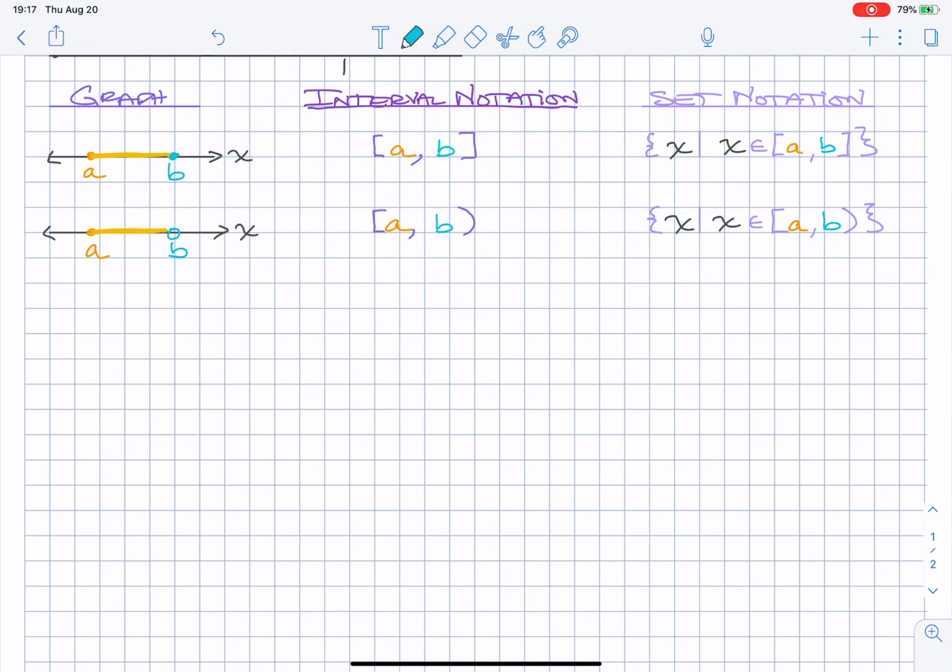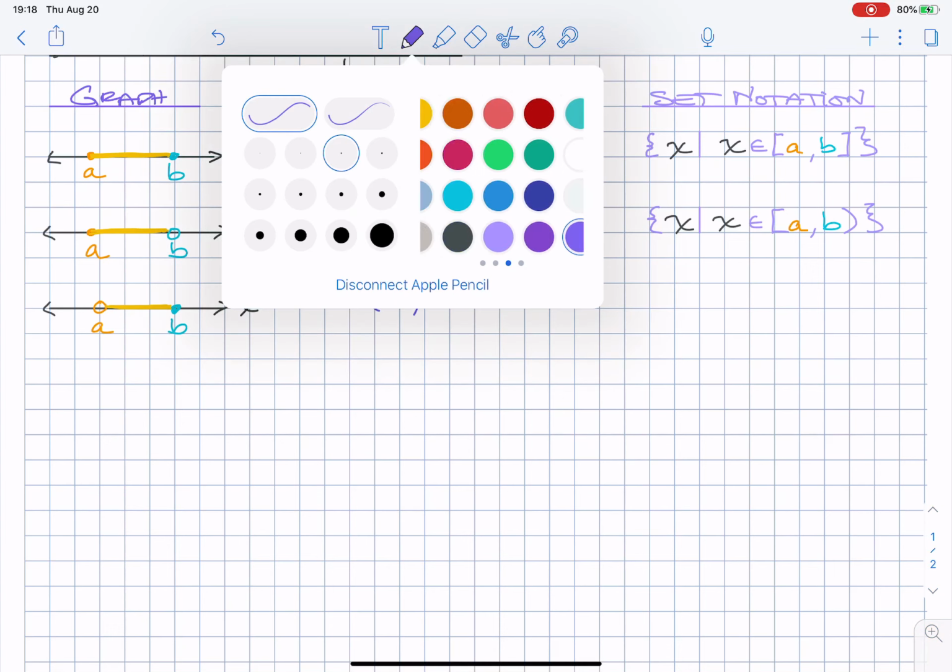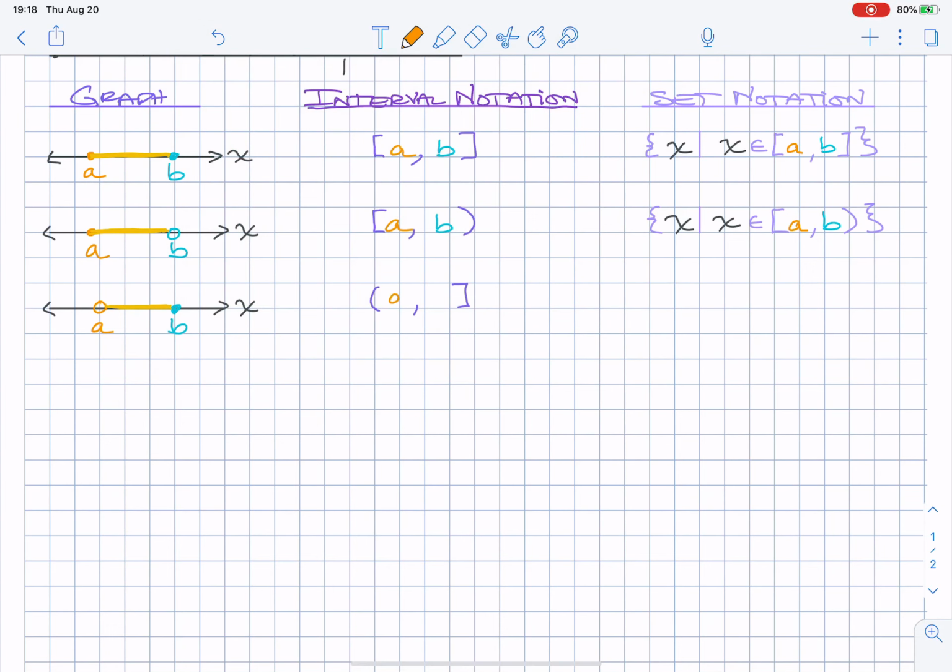Let's say we're open at A, closed at B. The definition is analogous, except now I'll have the parentheses at A. So this will look like open, meaning parentheses at A, bracket at B. So I cannot include A because it's open there.